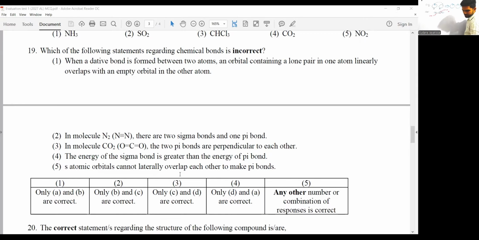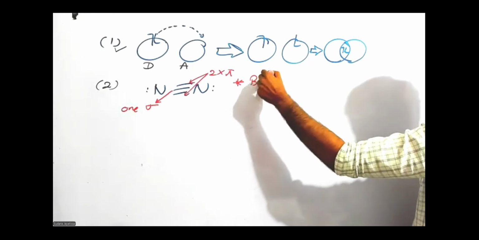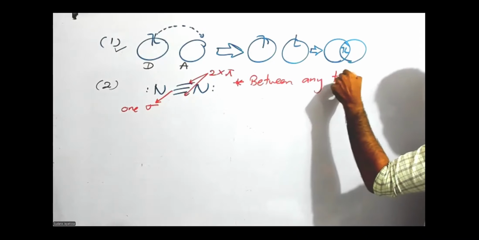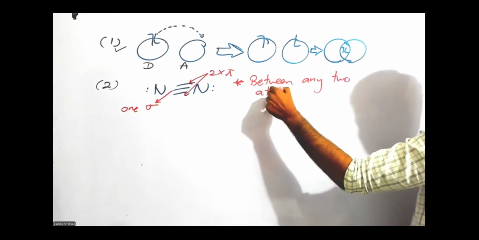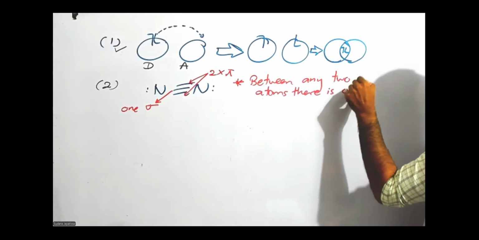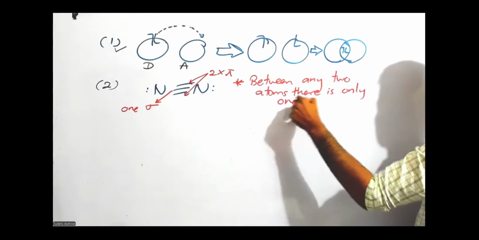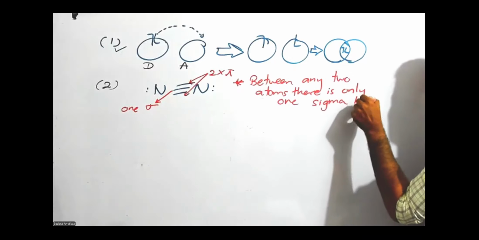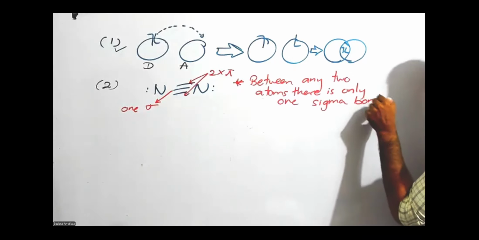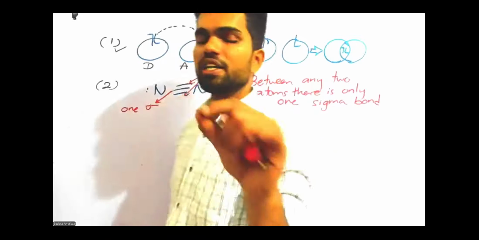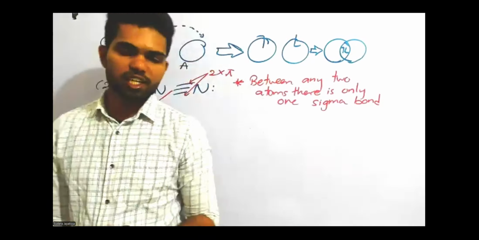Between any two atoms, there is only one sigma bond, because there is only one linear overlapping. There's only one internuclear axis between any two atoms. Therefore, only one bond can form along that internuclear axis.